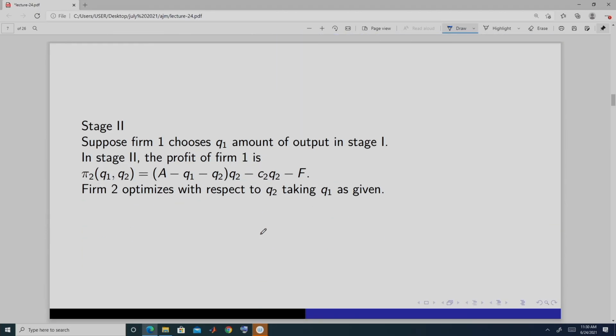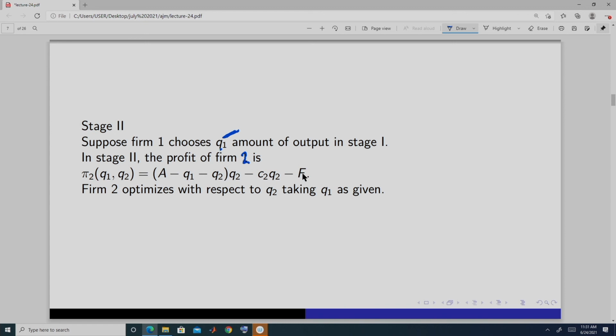Suppose the output of firm 1 is some amount Q1. In stage 2, the profit of firm 2 is (A minus Q1 minus Q2) times Q2, minus C2 Q2, minus F. This is the total revenue and this is the total cost.